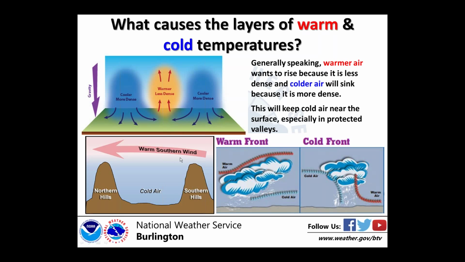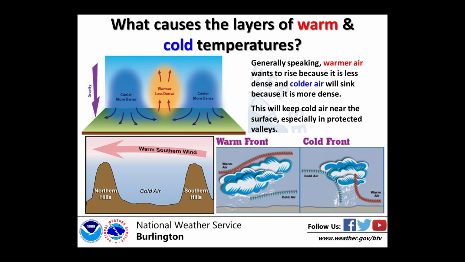Below that, it's a simple depiction of a valley between two protective mountain ranges, or even just a couple of mountains. And when you have a warm southerly wind moving across that terrain, the cold air in the valley is protected because the warm air is being blocked by the mountains.